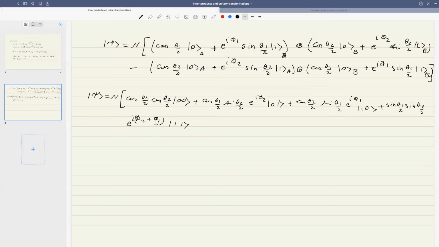From this, I have to subtract the other tensor product, where the only thing happening is that 1 and 2 are switched.